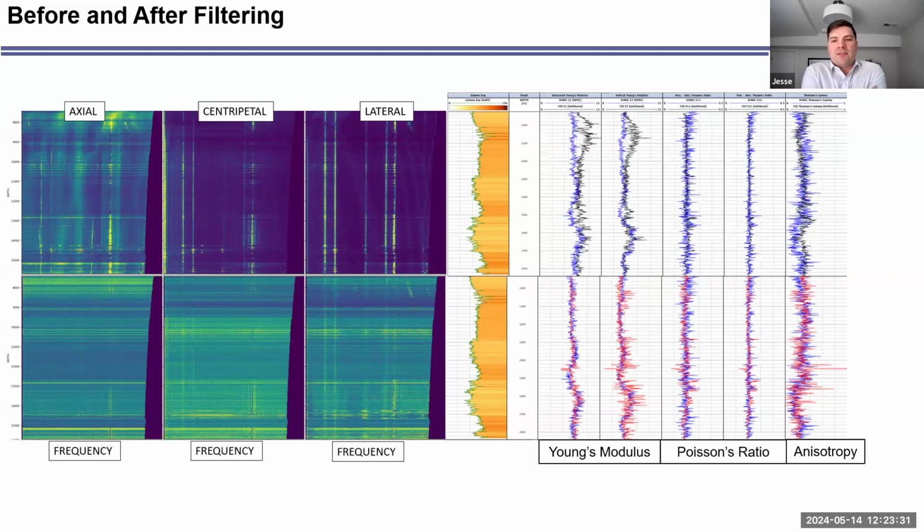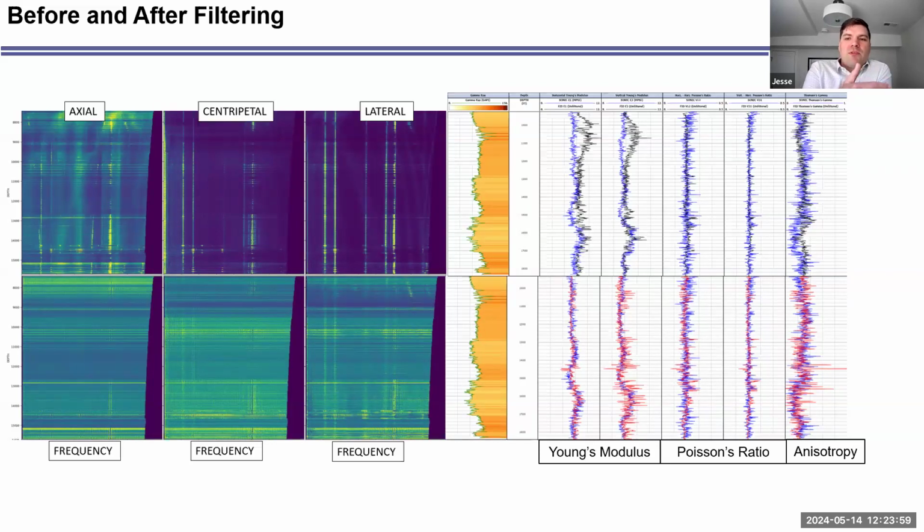And so for a VTI medium, if you want to calculate the elastic Young's moduli and Poisson's ratios, you can actually produce 2 Young's moduli and 3 Poisson's ratios. Here we're showing 2 Young's, 2 Poisson's, and then on the right we have Thomsen's gamma parameter, which is a unitless anisotropy parameter.